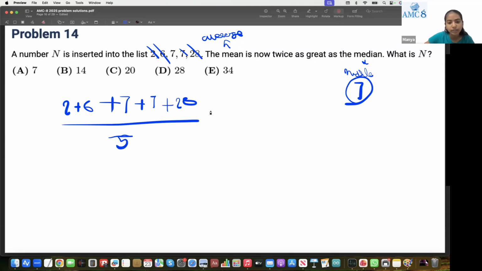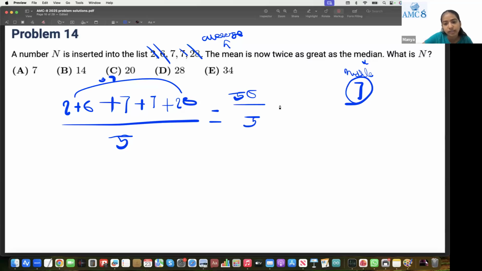The sum is 50, so 50 divided by 5 gives us 10. So our average right now is 10.